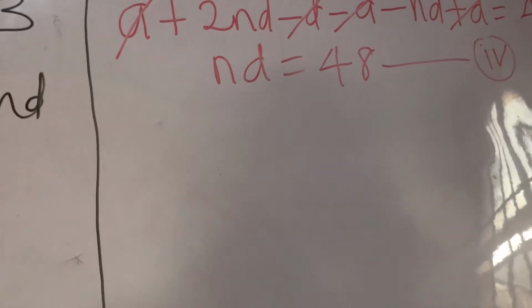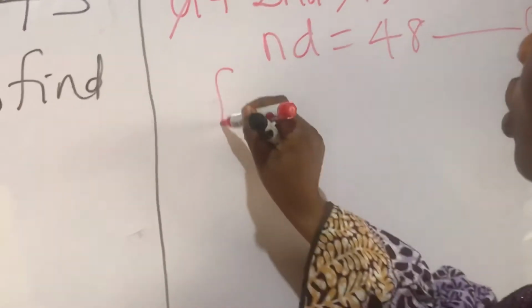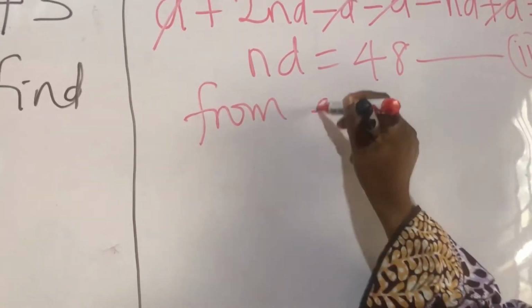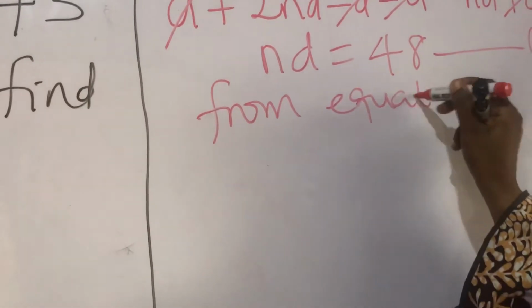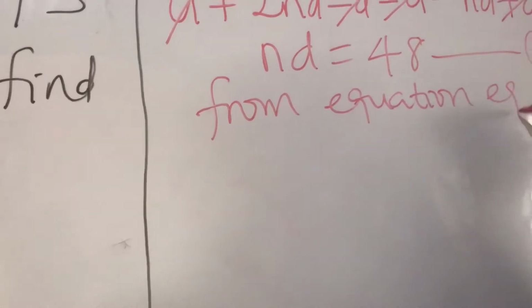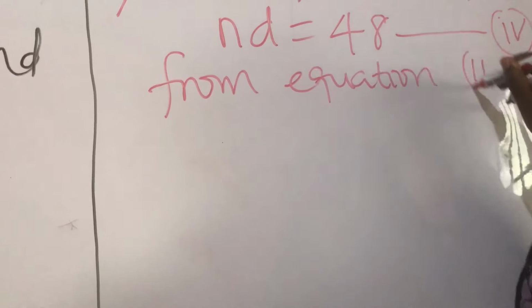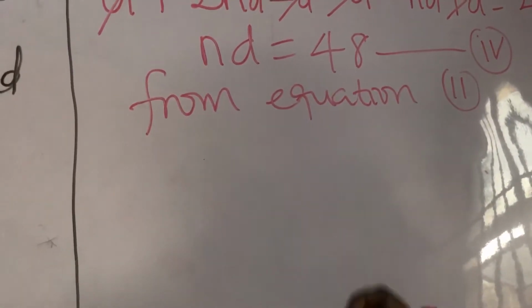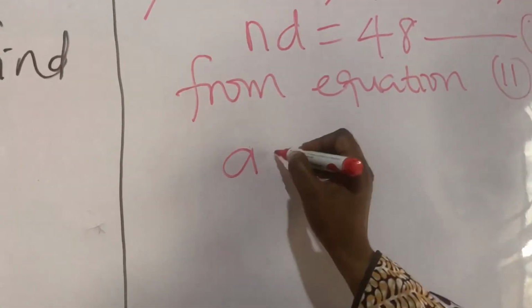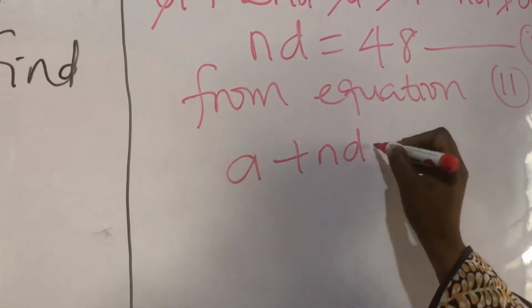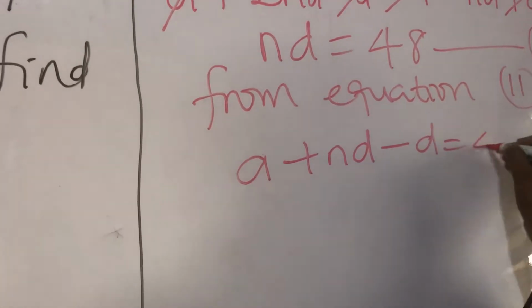Now let's go to equation 2. Our equation 2 is A plus ND minus D is equal to 43.